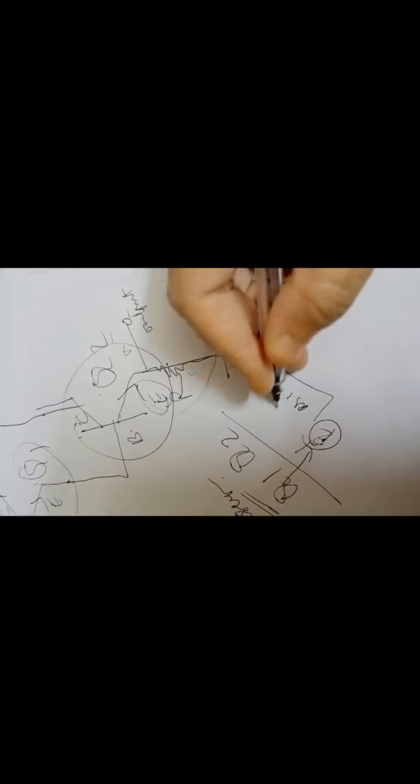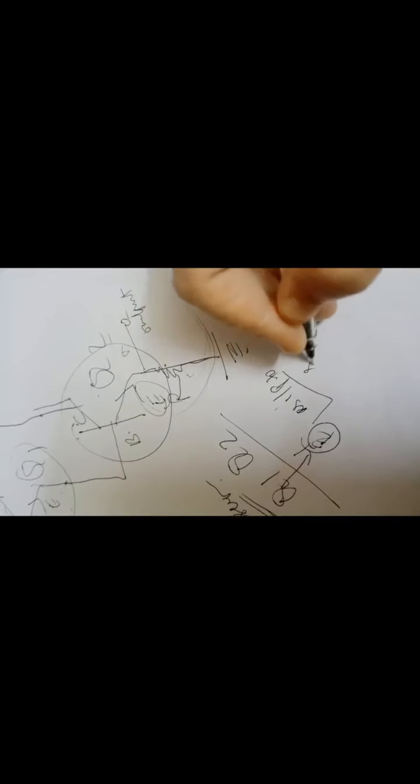What is the second transistor's input? Base. The emitter of the first transistor is going as an input to the second, so the emitter is connected to the base of the second. This is Q2, this is Q1.